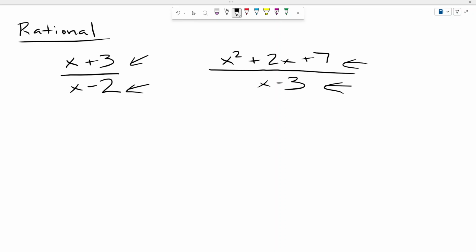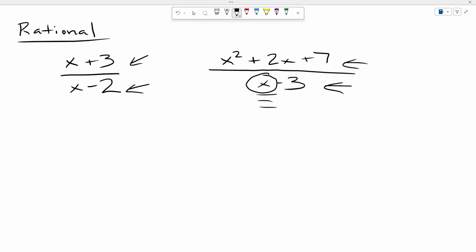And the key difference between what we had been working with in the linear equations is that these equations will have variables in the denominator. So we have to make sure that we avoid any values of the variable that would make the denominator 0, because we can't divide by 0, because that would make it undefined.